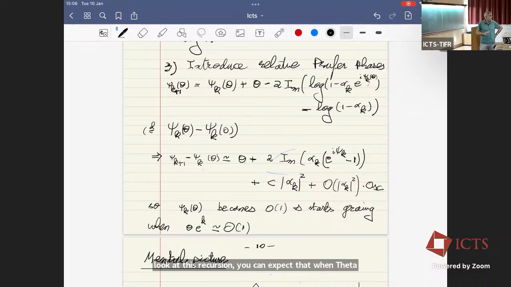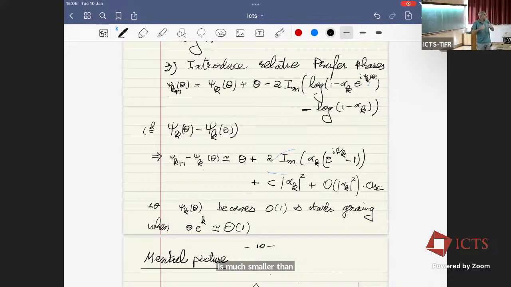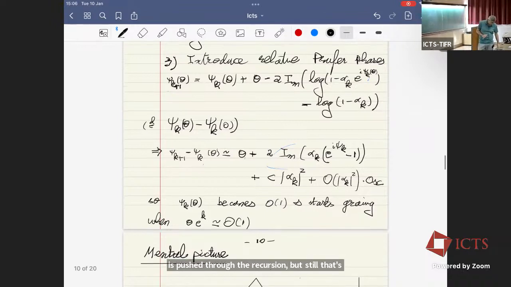So if you look at this recursion, you can expect that when theta times k is much smaller than 1, two different psi's at two different thetas should be essentially the same, because this term theta k is little, so the sum of thetas is little o of 1. Of course, it is pushed through the recursion, but still that's natural to expect.